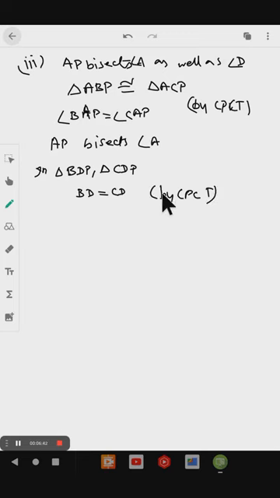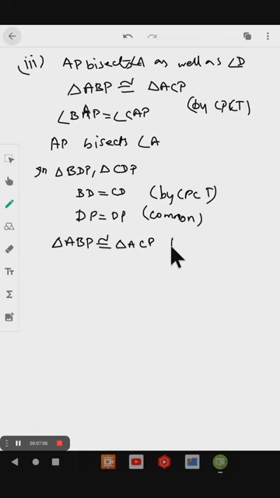DP equals DP is common. And triangle ABP is congruent to triangle ACP by SAS congruence, so BP equals CP by CPCT, corresponding parts of congruent triangles.